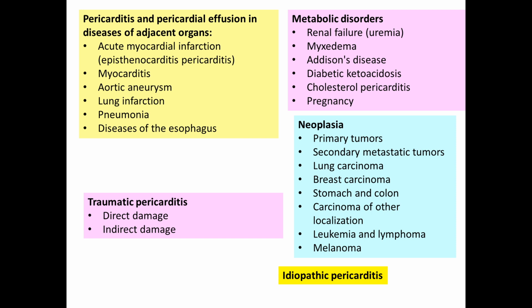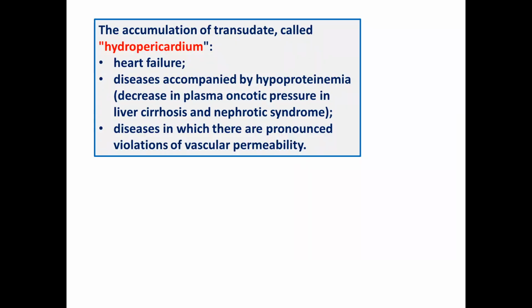Metabolic disorders may also damage the pericardium: renal failure, myxedema, Addison disease, etc. We also recognize traumatic pericarditis, direct or indirect damage of the pericardium, and the pericardium may be damaged because of primary or secondary tumors. When you can't find etiological factors of pericardial damage, we call this idiopathic pericarditis.